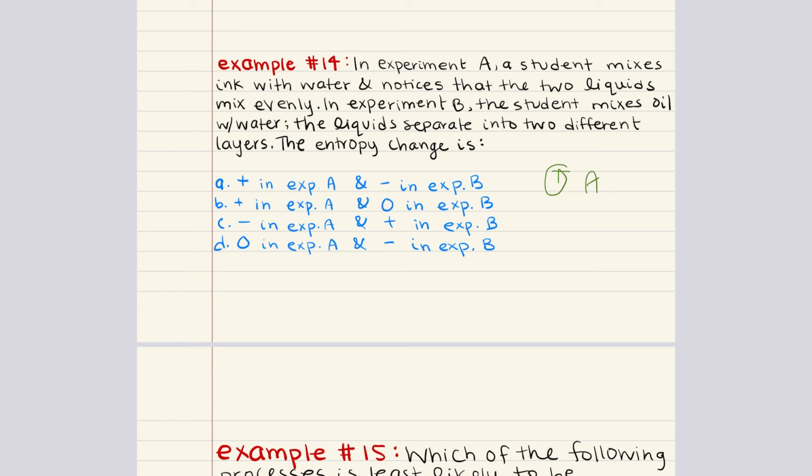And so the final state is just as ordered as the initial state because the oil and the water are still completely separate. So the entropy change is approximately 0 for experiment B. So we're looking for an answer choice that says entropy change is positive for experiment A and 0 for experiment B. And so the correct answer for problem 14 is answer choice B.